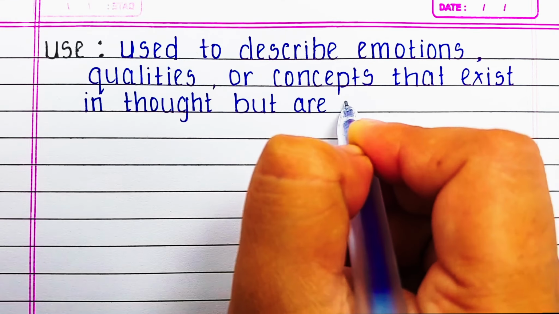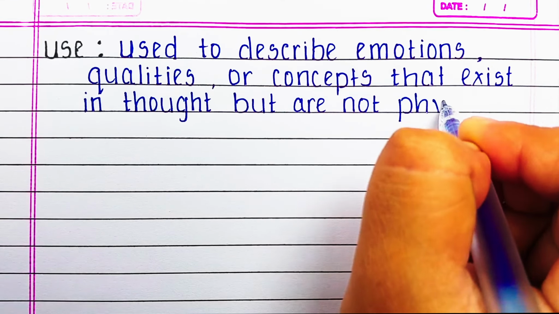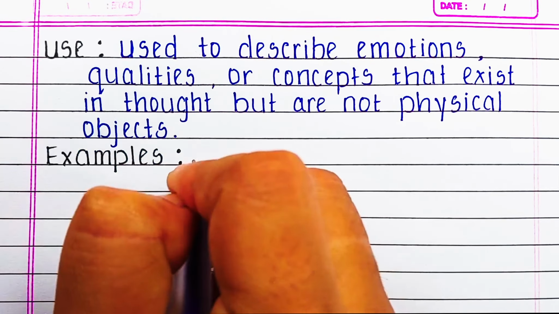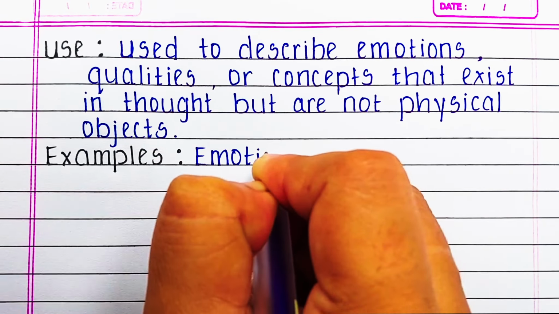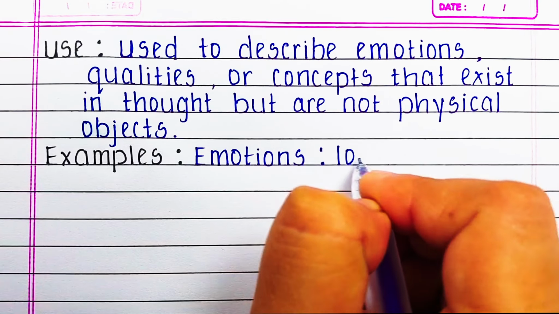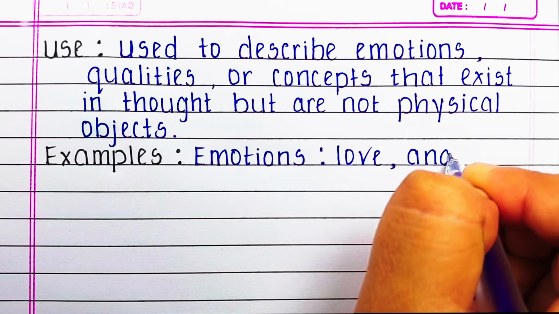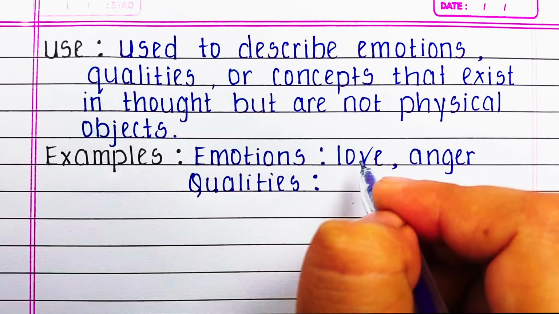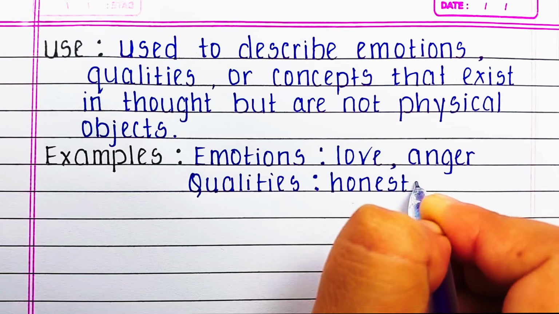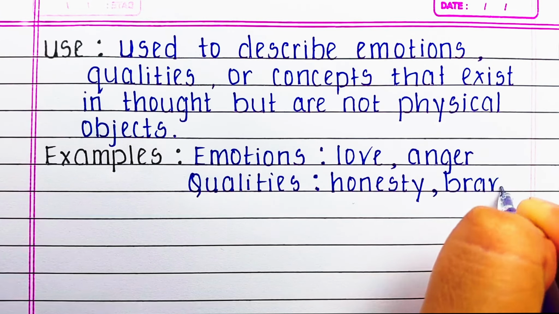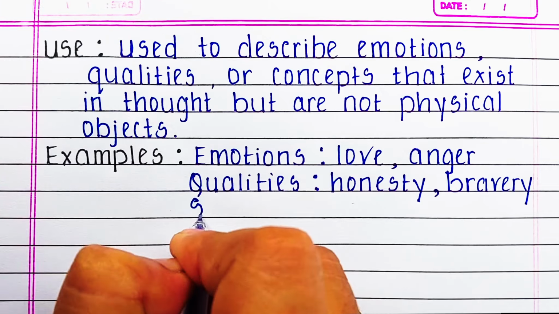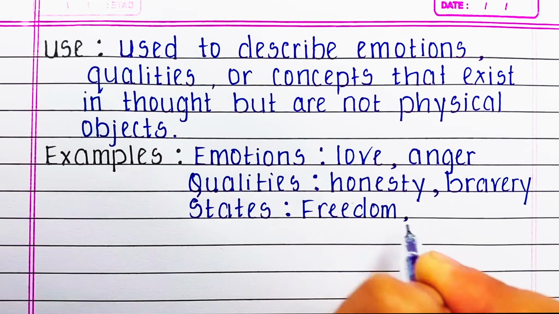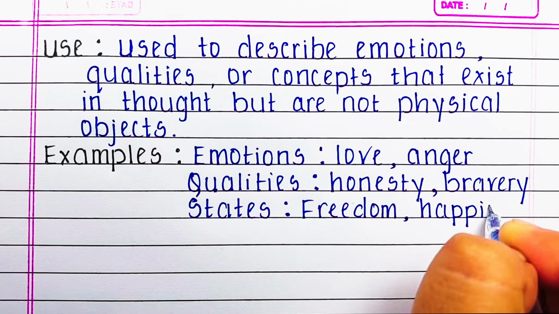Use: it is used to describe emotions, qualities, or concepts that exist in thought but are not physical objects. For example, emotions like love and anger, qualities like honesty and bravery, states like freedom, happiness, etc.